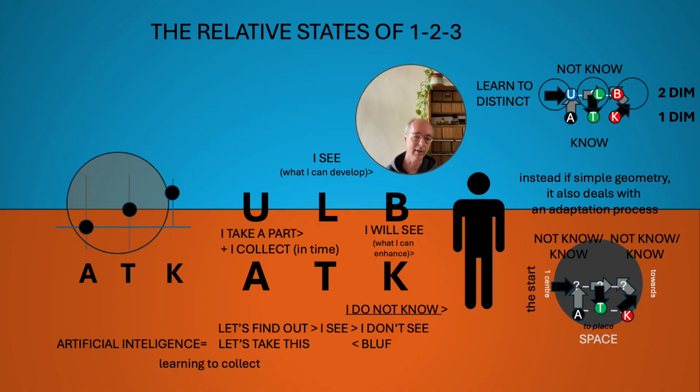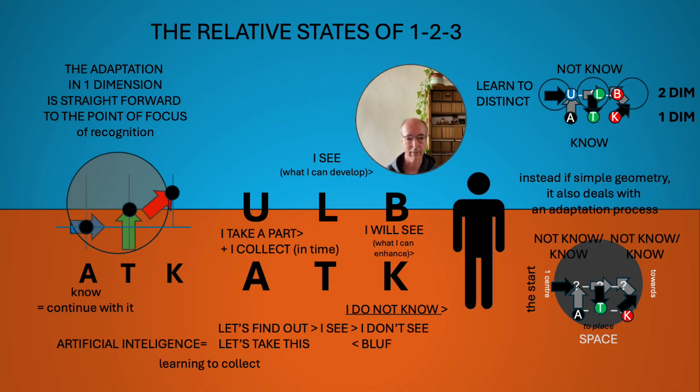So ATK, seen from the reality of the object we are focusing upon, is: with A, okay, I have the object in my hand. With T, I see where it makes a difference. In K, it almost sees, okay, here is the border.